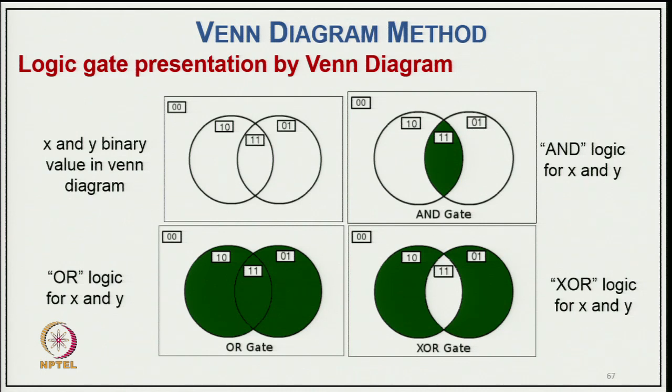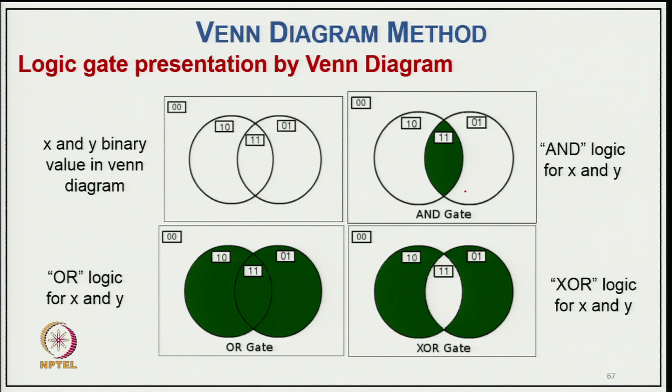So, the outside domain is 0 0, where x and y both are 0, and this circle is x. So, x 0 is this portion, and this is 0 y, or you can call it x y bar or x bar y. This is the circle, and this common part is x y. So, this is the representation of the AND gate, where 1 1 is the output of x y.